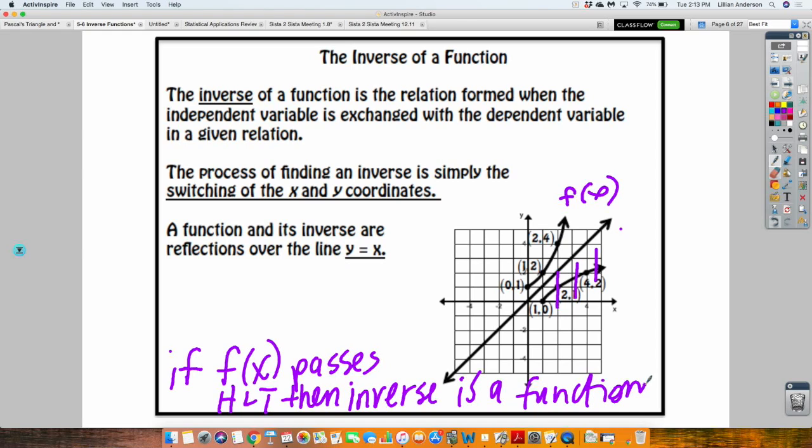In other words, that graph will pass the vertical line test. Because you will be given a graph and you may be asked, is the inverse a function? Instead of figuring out what the points are on your original function, switching them, and then graphing that, you can know by just doing the horizontal line test. Okay? Yes.